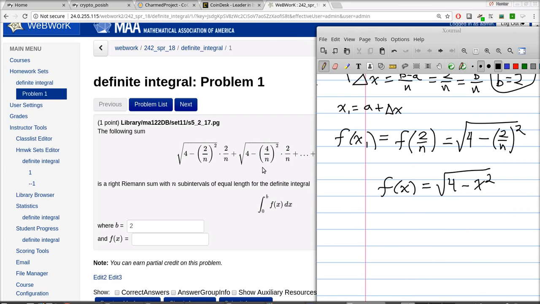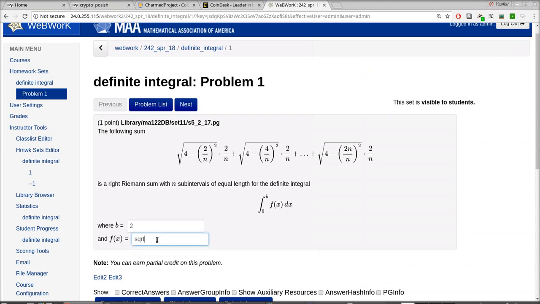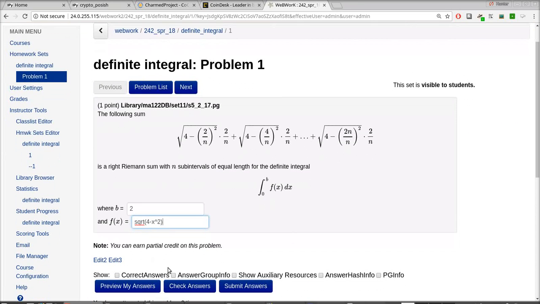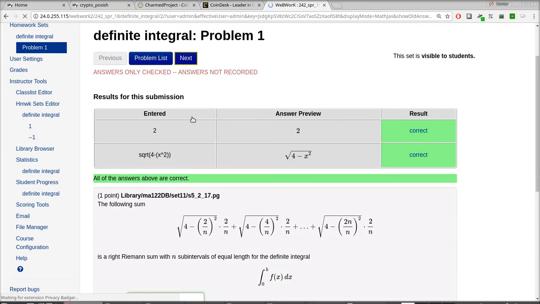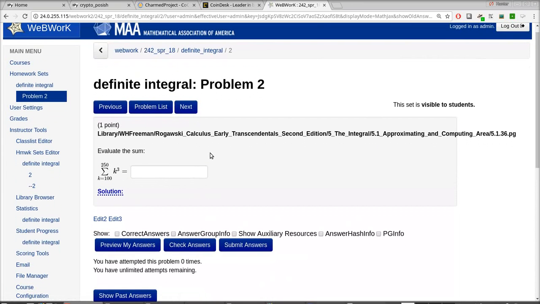If delta x is 2 over n, then x2 should be equal to 2 over n plus 2 over n, which is 4 over n. Yeah, so I'm convinced, and let's type it in and see. So it's the square root of 4 minus x squared. All right, so let's check that. Yes, I am dynamite. Let's do the next one.